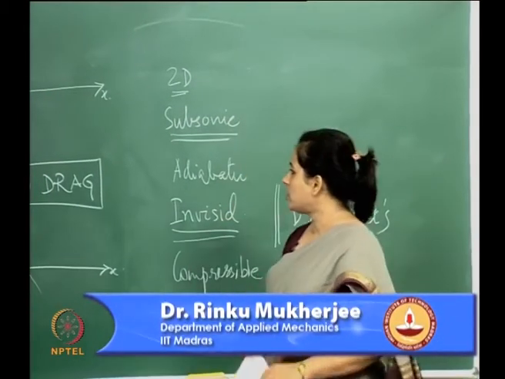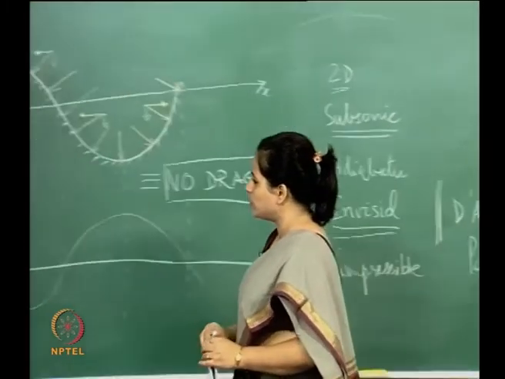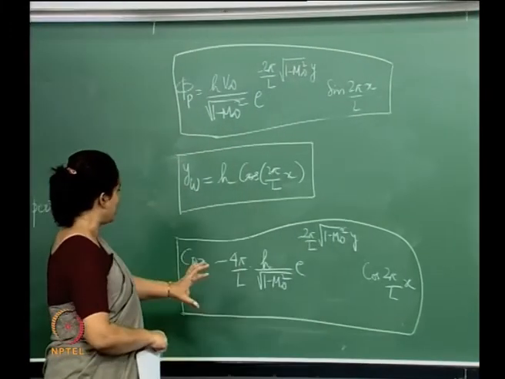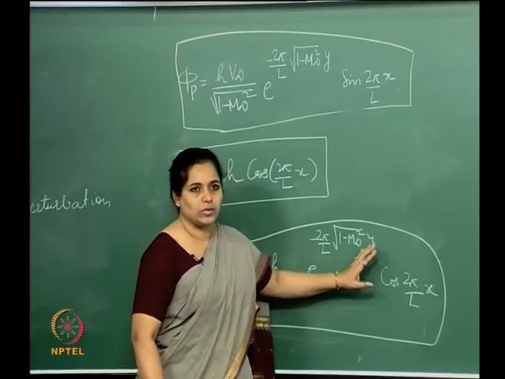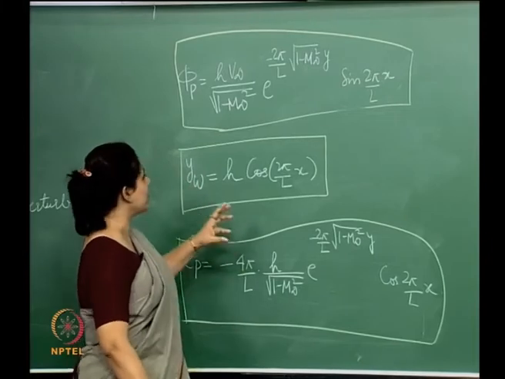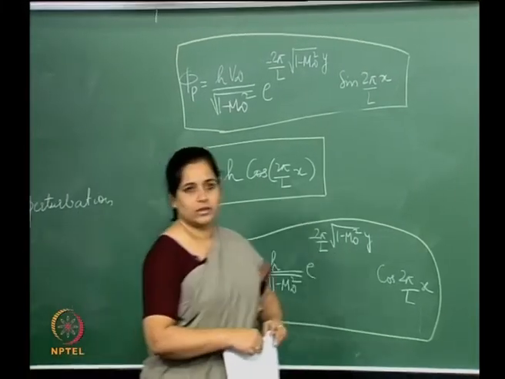Okay. Now, we will also look at this pressure here, and you can see that the coefficient of pressure varies according to x and y. Okay. We will study this a little more, and then we will do the entire problem again for a supersonic case. Okay. So, we will continue this. Okay. Thank you.